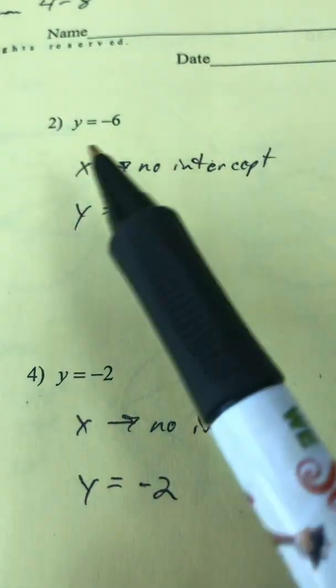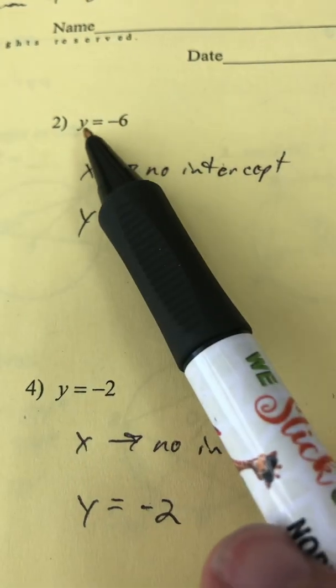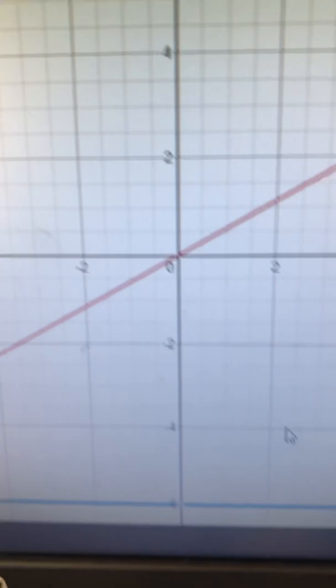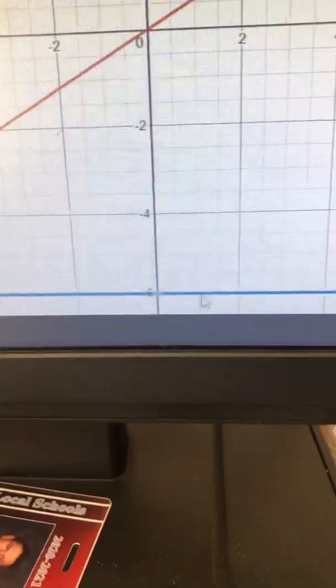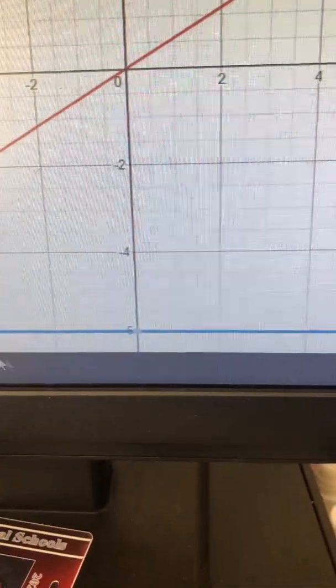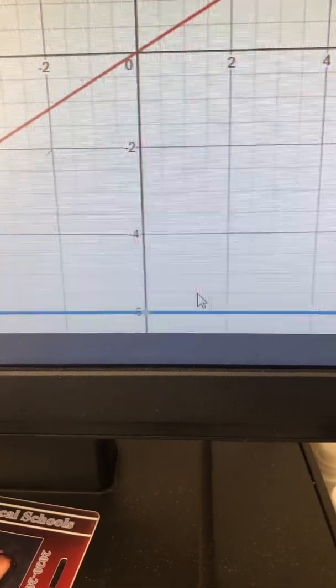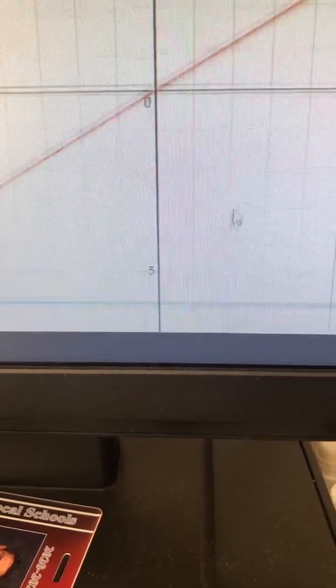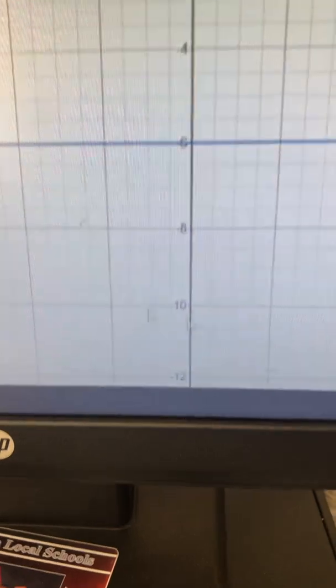And just so you know, I think you guys crossed off 2 and 4. When y just equals negative 6, what does that look like? Here's y equaling negative 6. Notice, if you look at the bottom of my screen here, let me zoom out and move it up a little bit, and zoom back in.